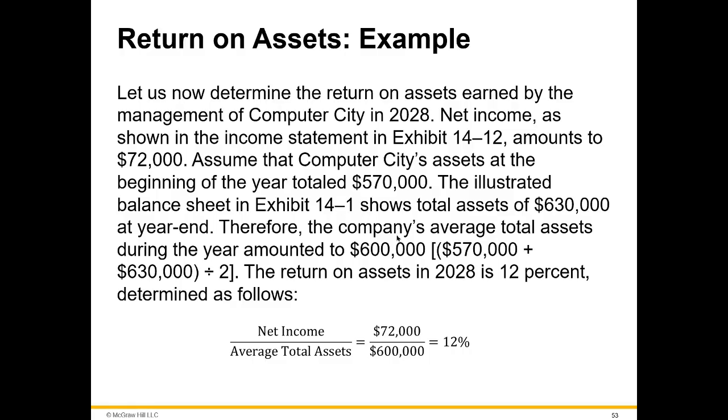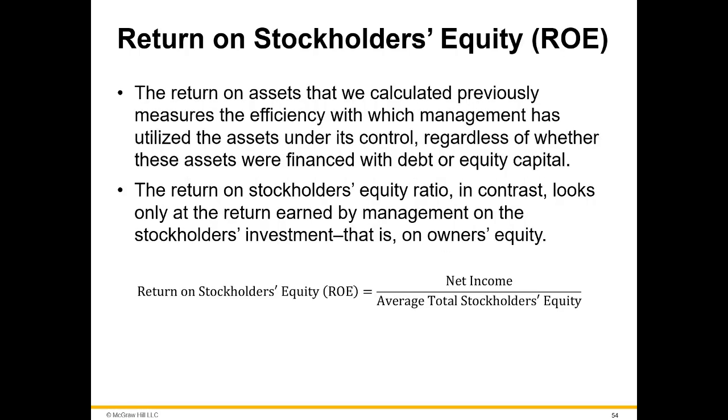So even this one says, hey, we have made a profit of 72,000. And again, note here, we're using net income of 72,000 divided by the average total assets. And we compute that to be 570 plus 630 divided by 2, so 600,000, or 12%. Okay, we're going to take that same net income, and often that's going to be net income applicable to common shareholders.